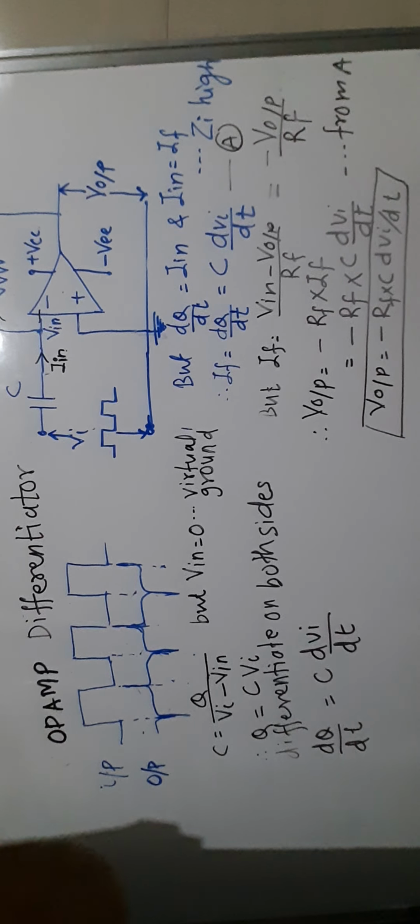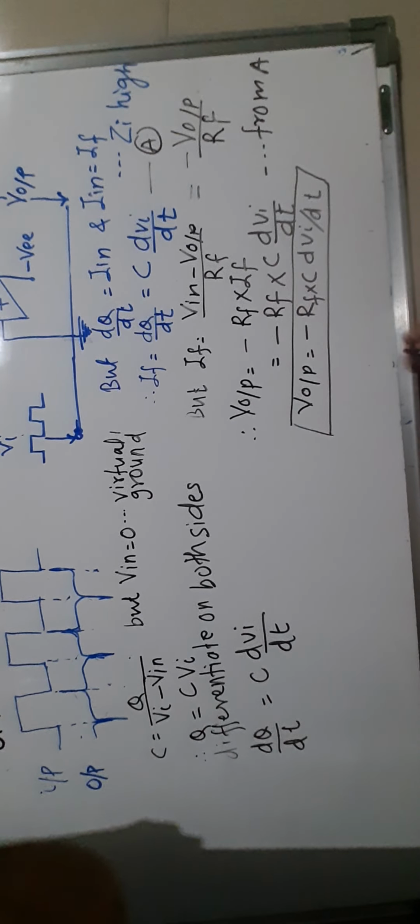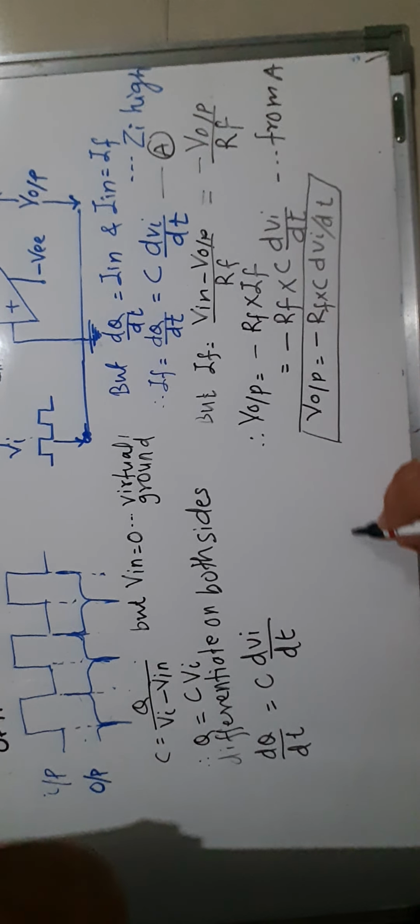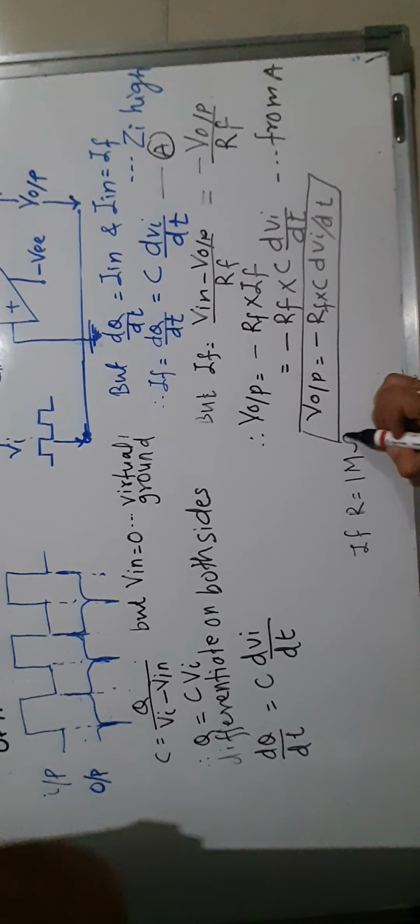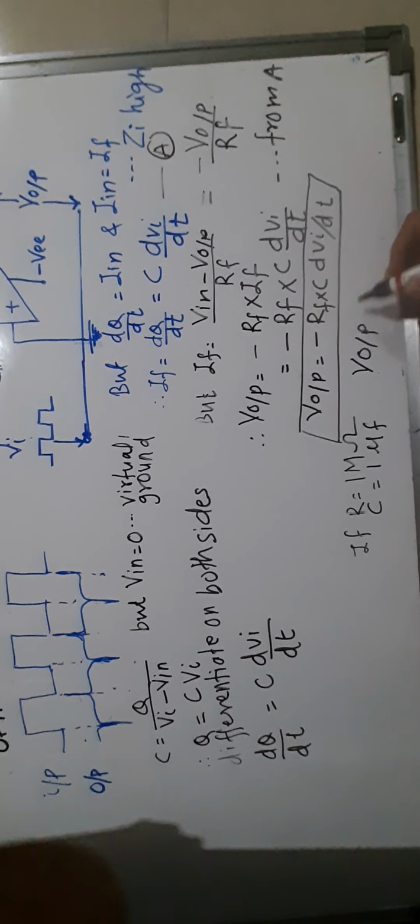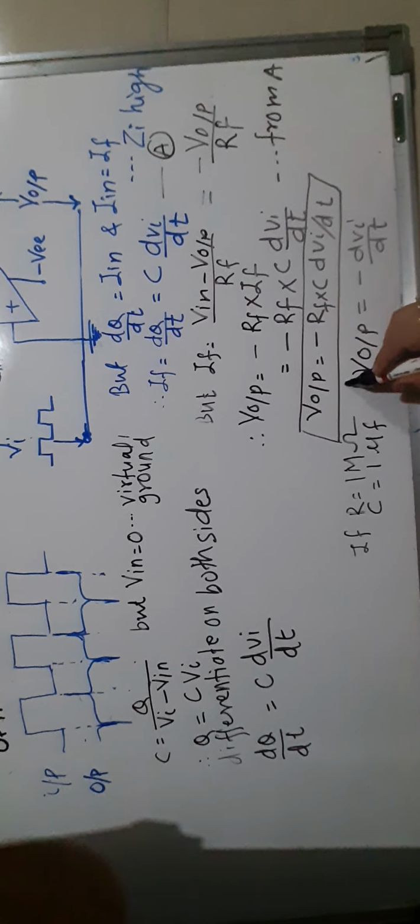And if we select R equal to 1 mega ohm, C equal to 1 microfarad, we can write Voutput equal to minus of dVi by dt. So the output voltage is the derivative of the input voltage. Hence it is proved how we can get the output voltage.